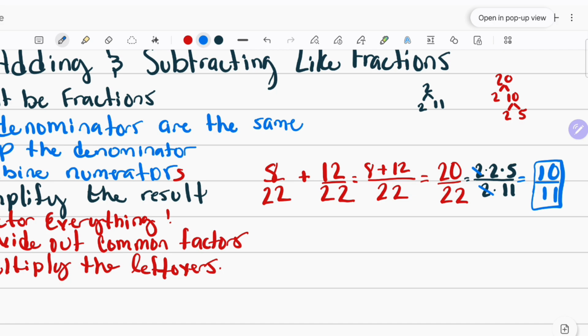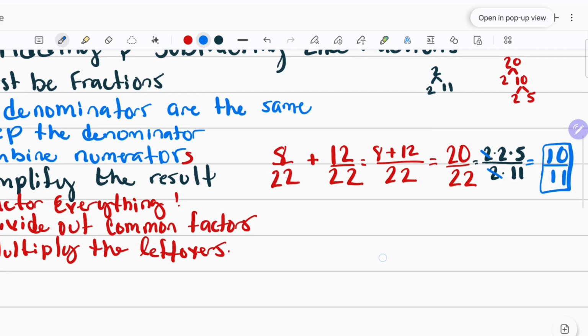Let's do another. All right. Let's see. I got a good one. Hold on. Let's pick a big one.